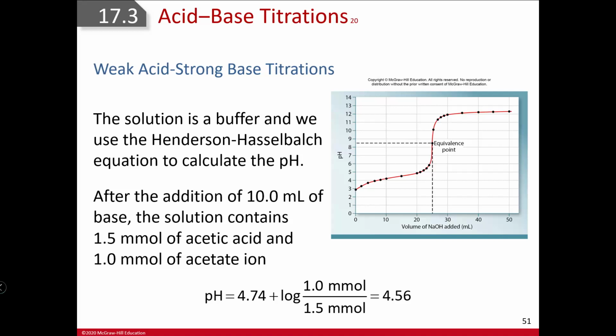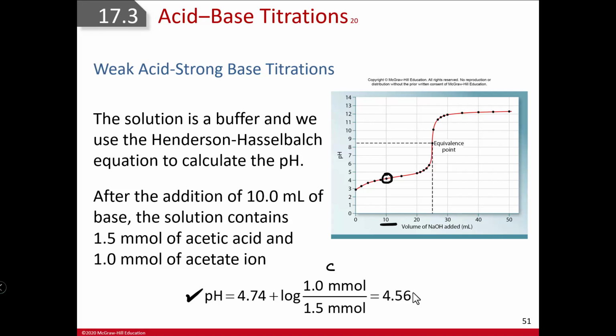So what they're saying here is that when we add the base, we lose some acetic acid, we generate some acetate ion, and so we can use the Henderson-Hasselbalch equation to determine what the pH is after the addition of 10 milliliters of base. So right here, the pH is 4.56.